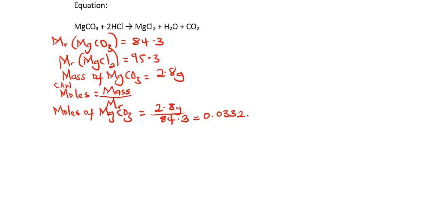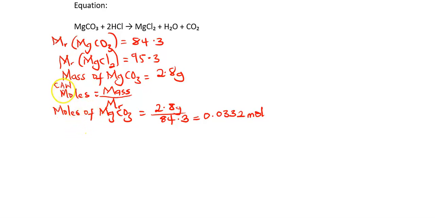That's to 3 significant figures. It's important that you write your units, moles. So the number of moles of magnesium carbonate is 0.0332. We've succeeded in applying our C, which is calculating moles.